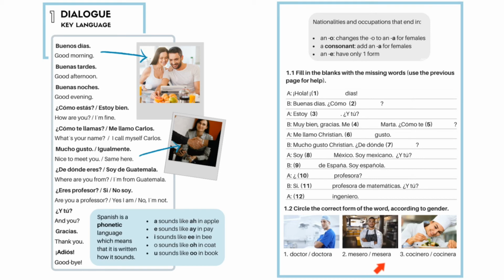Mesero or cocinero and mesera, cocinera are examples of when it ends in an O and we have a second version with an A. And soon enough you'll see the third example. This is going to also be true for the adjectives in the language, but for right now, let's just stick to the nationalities and occupations.